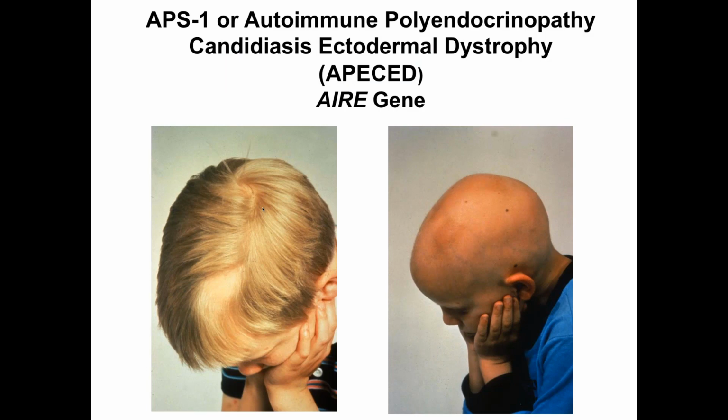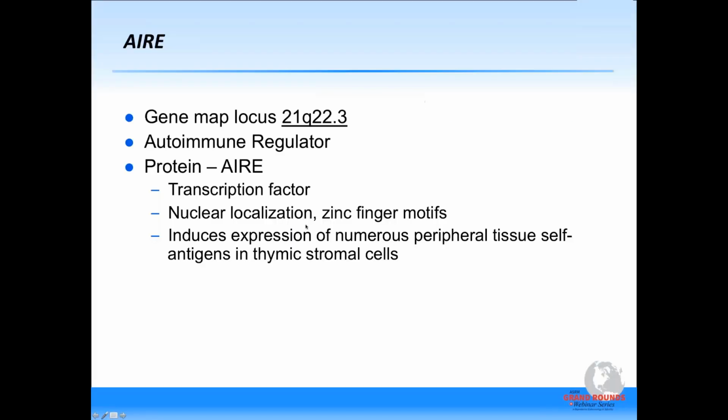What turned out is that in the general population of women with POI, we did not find an increased incidence of those. But interestingly, in APECED, or APS1, autoimmune polyglandular candidiasis ectodermal dystrophy, autoimmune polyglandular failure type 1, it's a rare disease that's due to a mutation in the AIRE gene, the autoimmune regulator gene. It's associated with early onset hypoparathyroidism, and in some cases alopecia, which is demonstrated here.